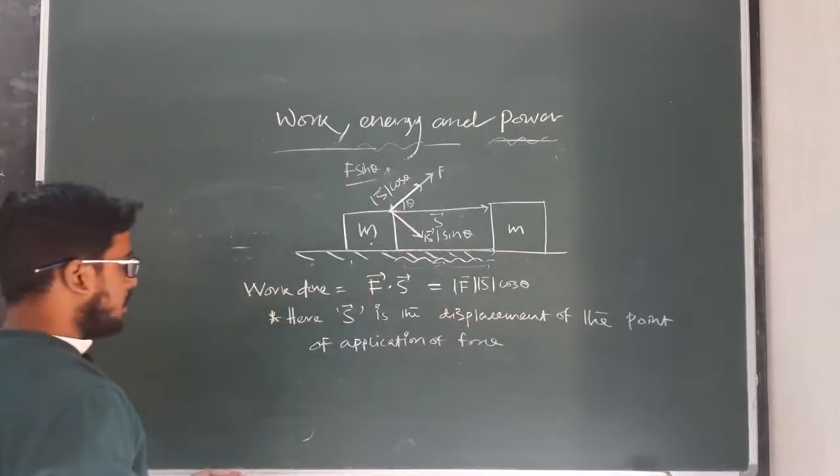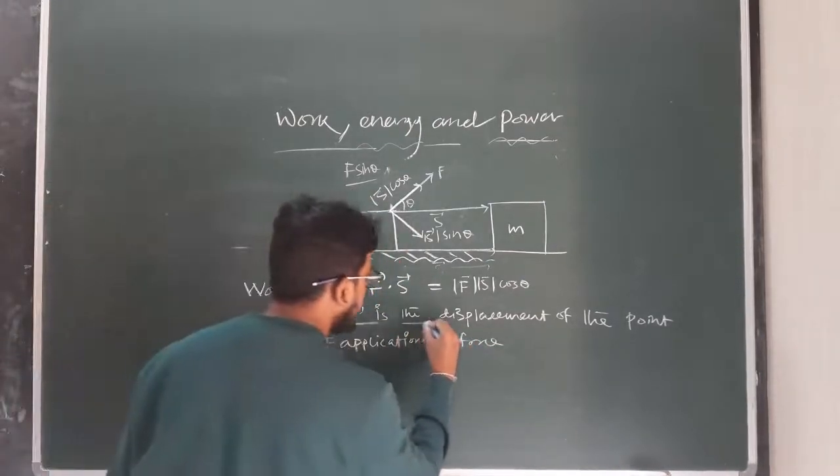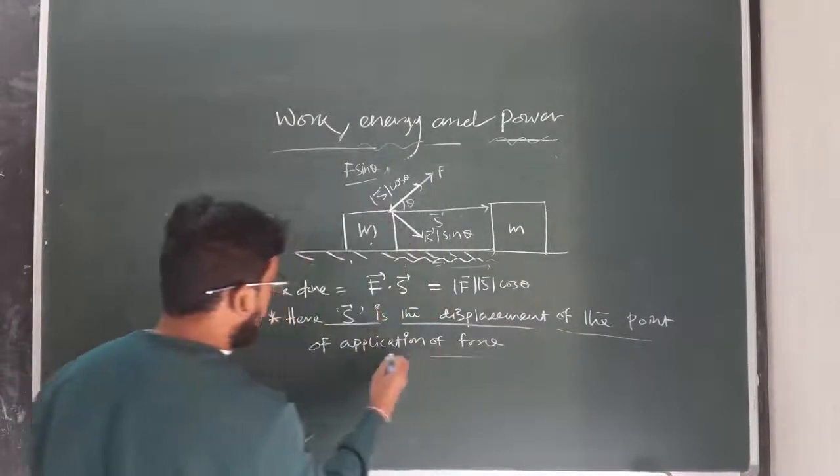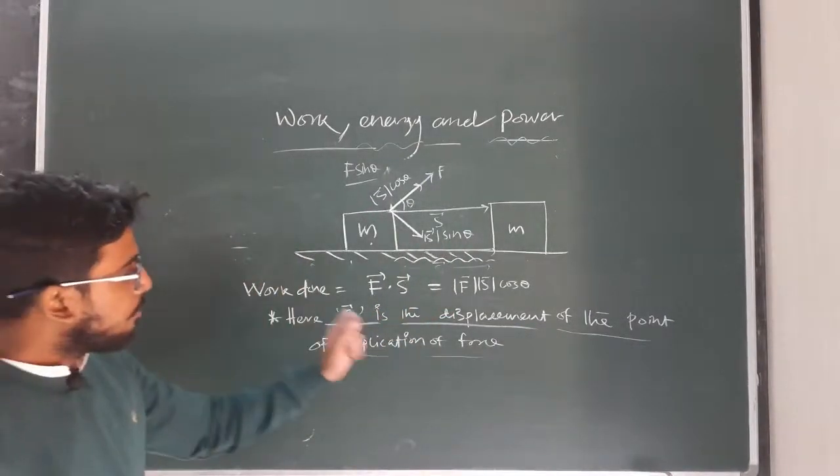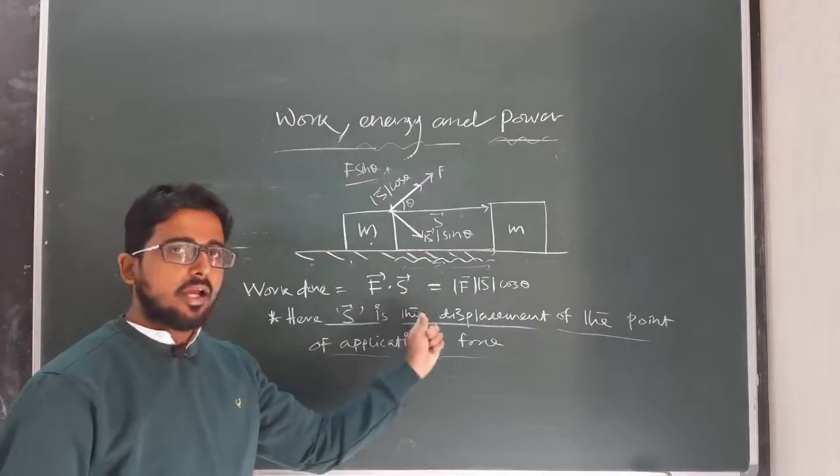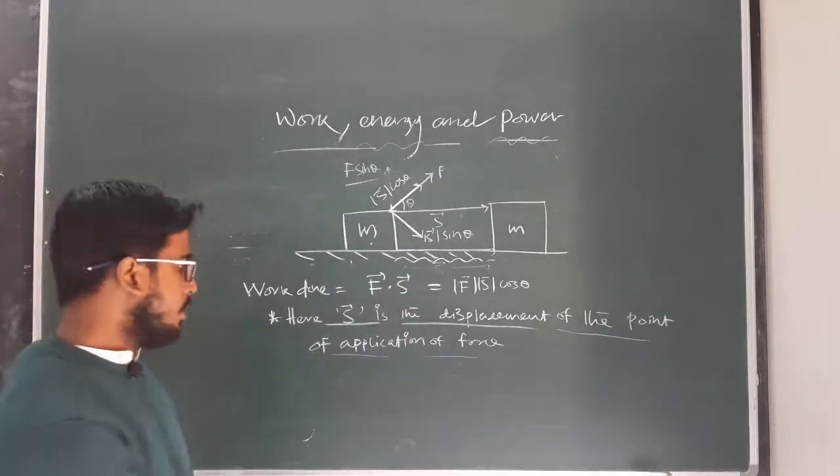Okay, you have to remember this point. Here S is the displacement of the point of application of force. It is the displacement of that point where we are applying the external force.